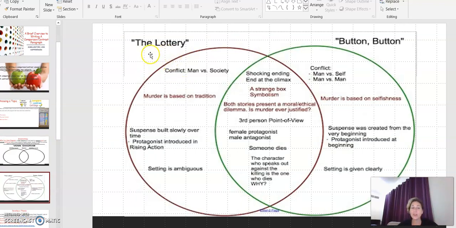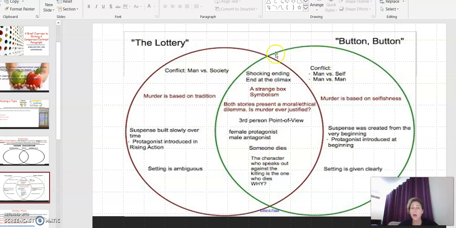You have the two books, The Lottery and Button Button. In between here, in the middle, you have the similarities. They give you all the points that are common between the two novels. And in the outside semicircles, you have the differences. For example, let's take a similarity here. You have someone dies.